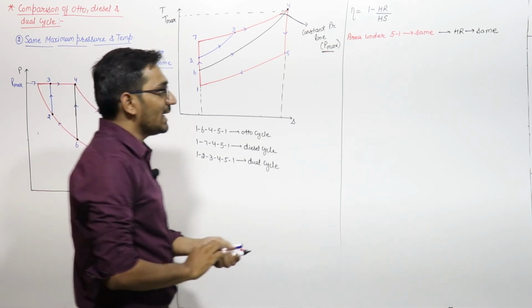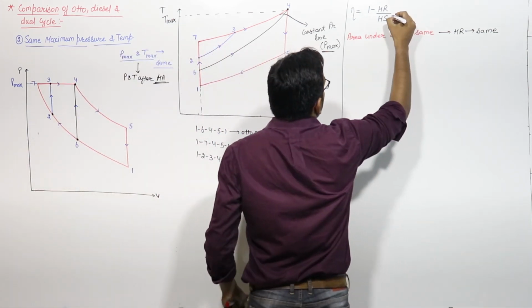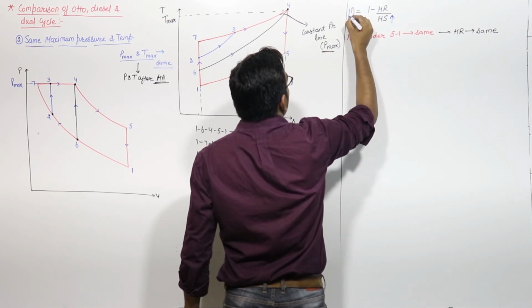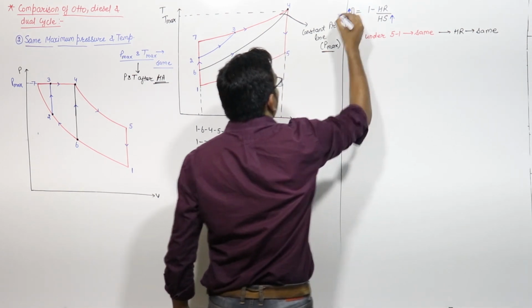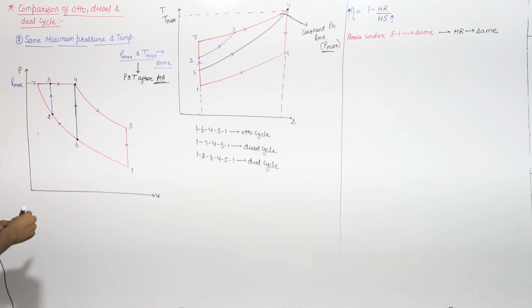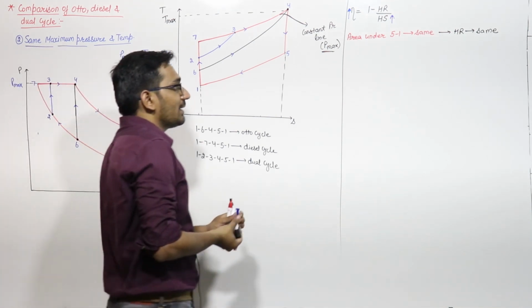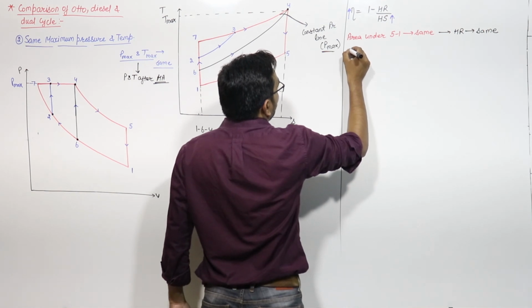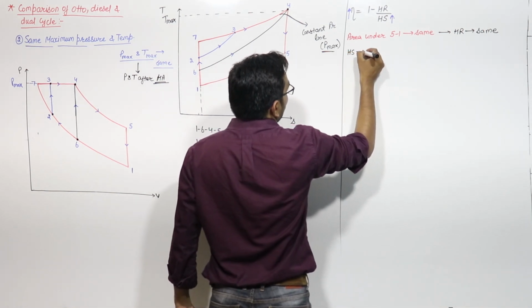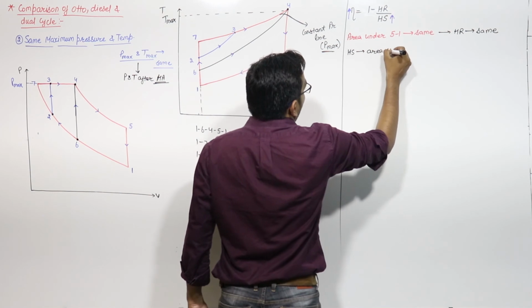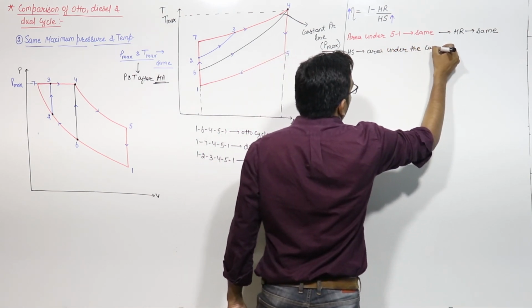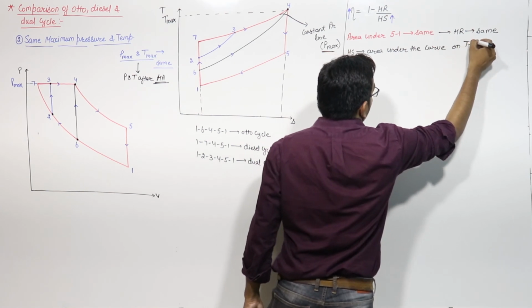So if this is the same, the cycle whose heat supply is more will have more efficiency. You know that the heat supply is the area under the curve on the TS diagram.